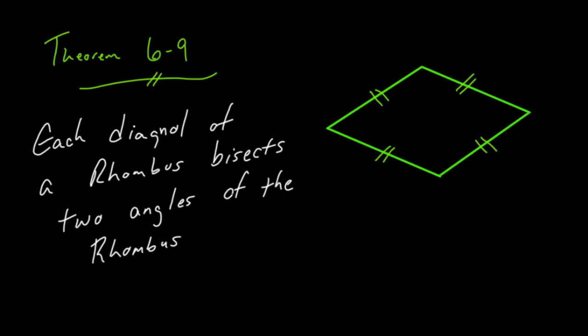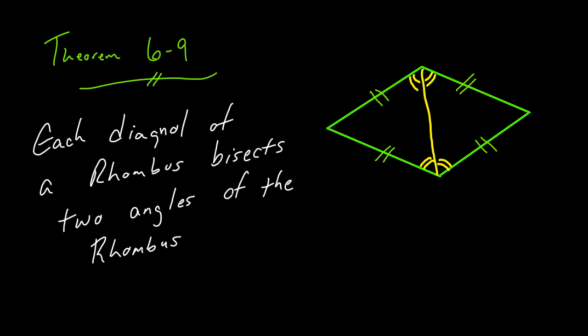And we'll kind of mark up this diagram here to illustrate that. So the diagonal that goes from the top to the bottom, let's make that a little straighter. It bisects both those angles. And now we know that that top one's going to be congruent to the bottom one because in a parallelogram, opposite angles are congruent.